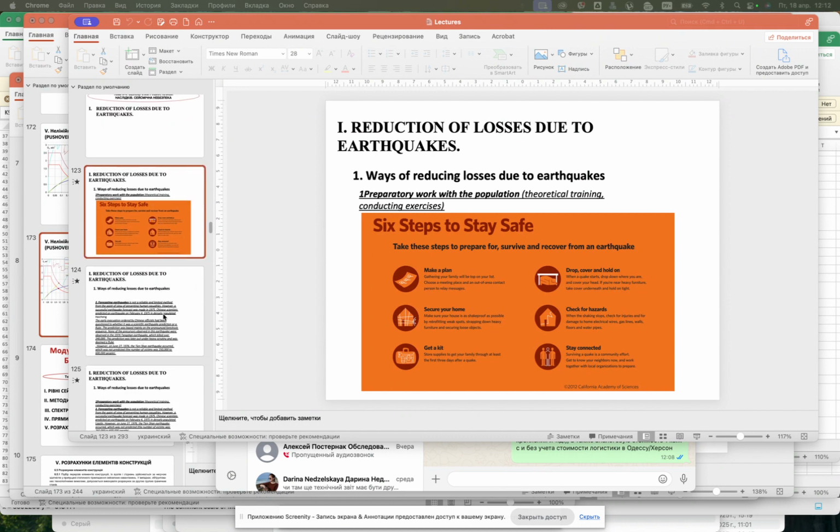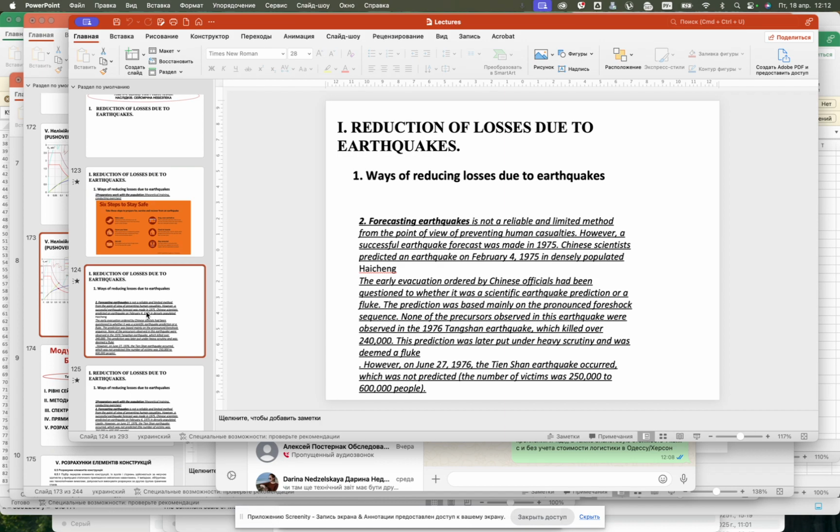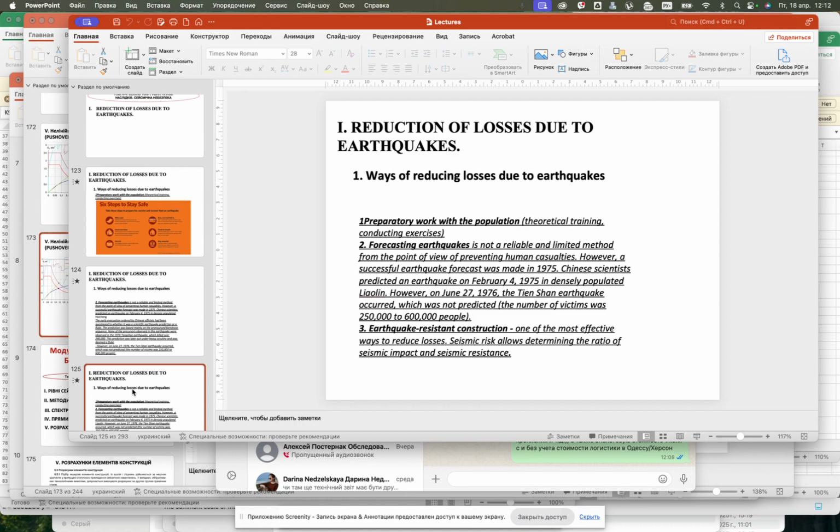And we know three main ways. First, it is the preparatory works with the inhabitants. Next, it's forecasting of the earthquake, and the third one, our way, it's the earthquake resistant construction, and it is our way.